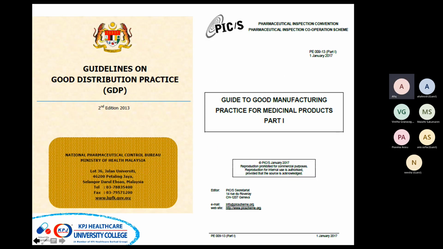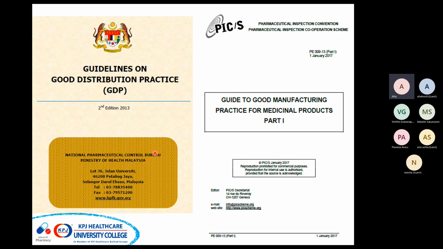So these are the good distribution practice, which is set up by the NPRA. This is the old version, which is the name also still the old name, which is National Pharmaceutical Control Bureau, NPCB, but now it has been rebranded into NPRA, okay, National Regulatory Pharmaceutical Agency.